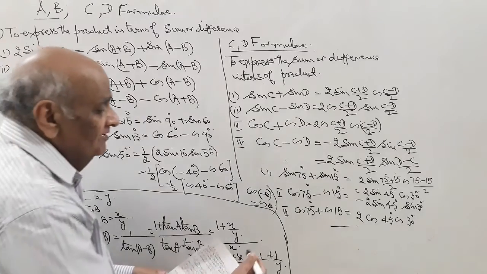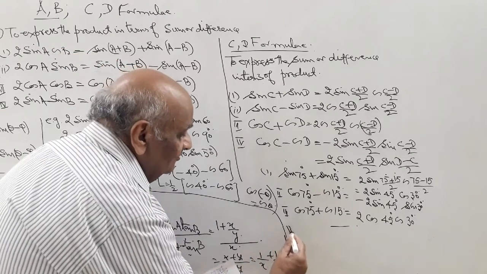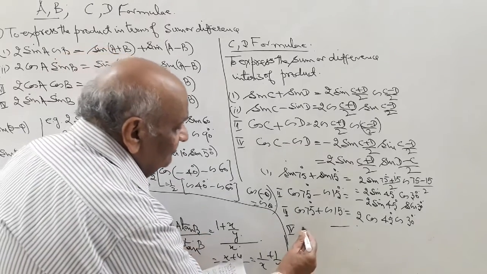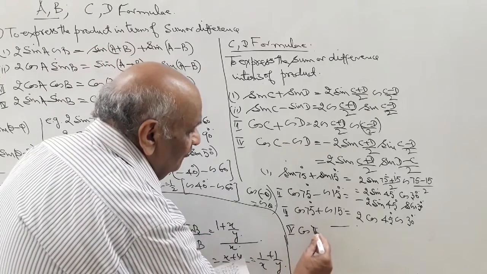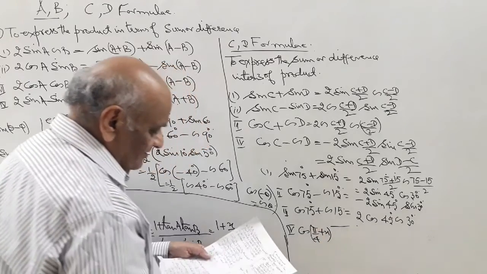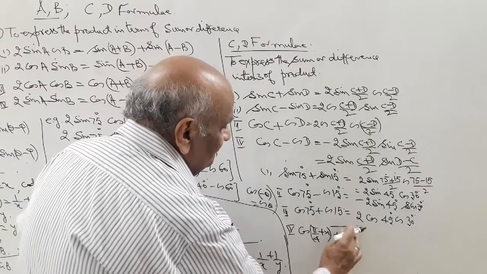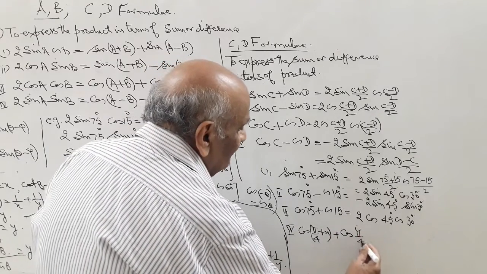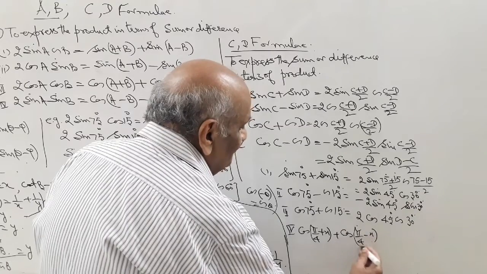One more. First of all, you can add here, this is the fourth part. It says cos(pi/4 plus x) plus cos(pi/4 minus x). This I have to simplify.